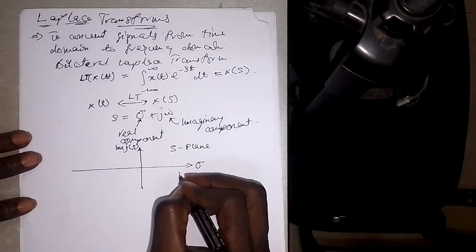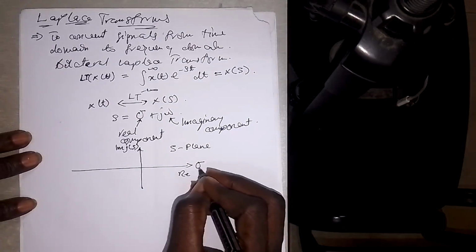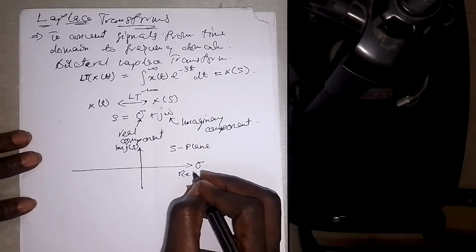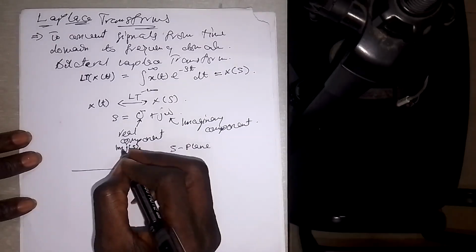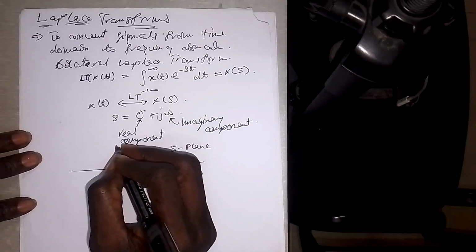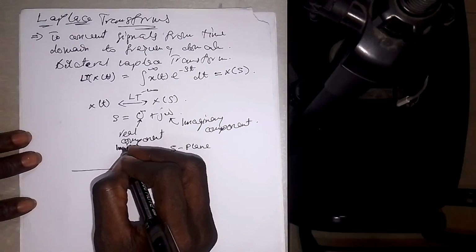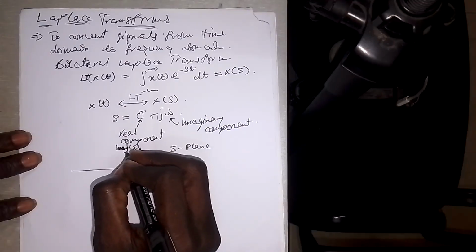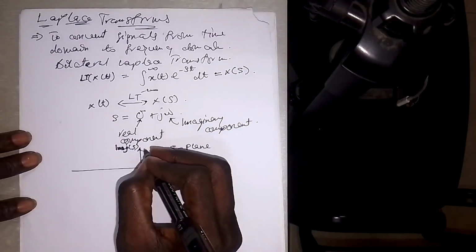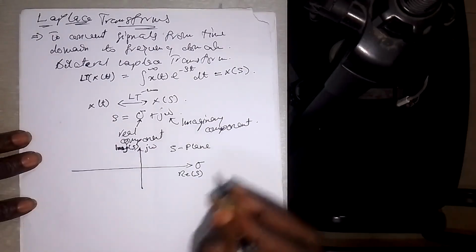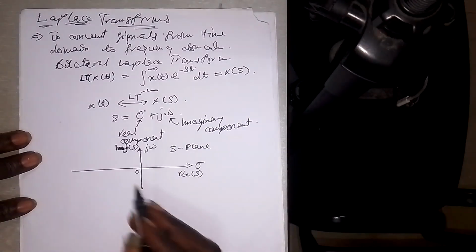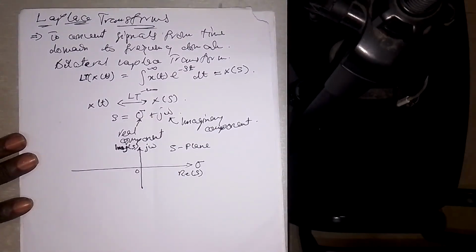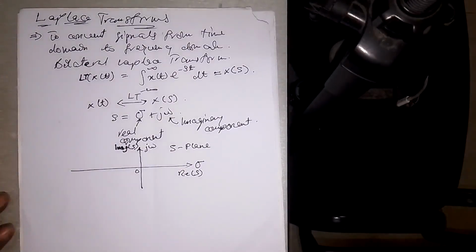Sigma, also written as Re of s, meaning real of s, and imaginary of s, Im of s, is also called j omega, the imaginary axis. This place is 0. This is called the S plane.